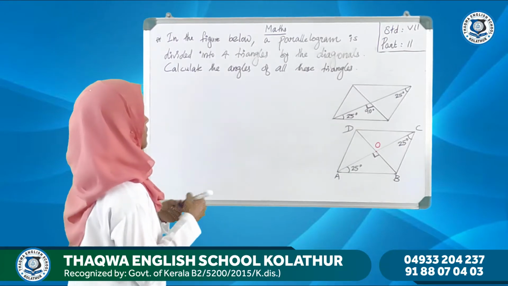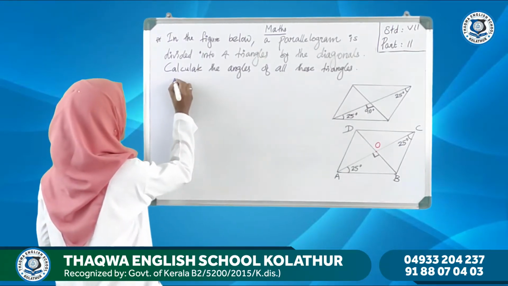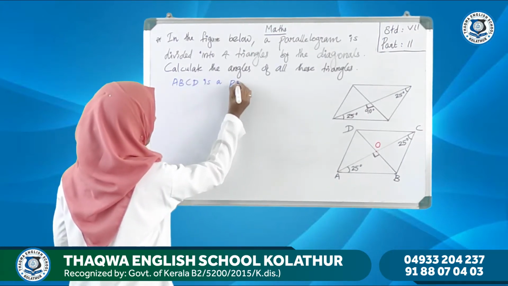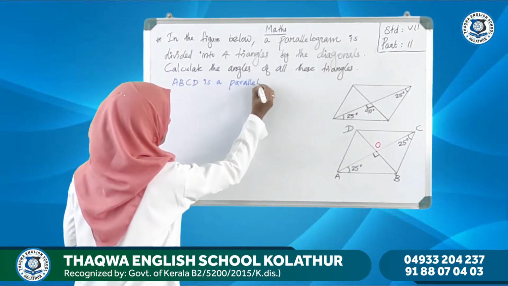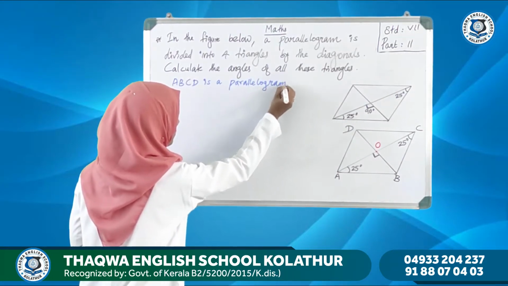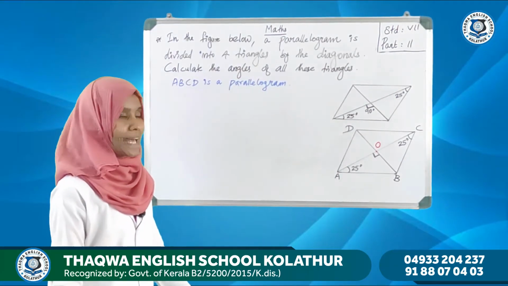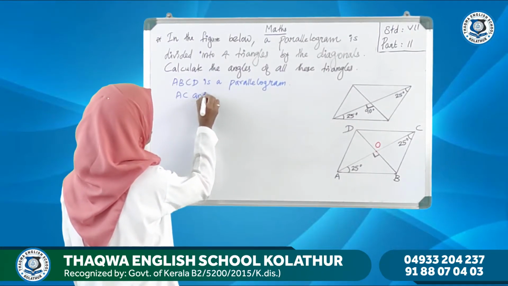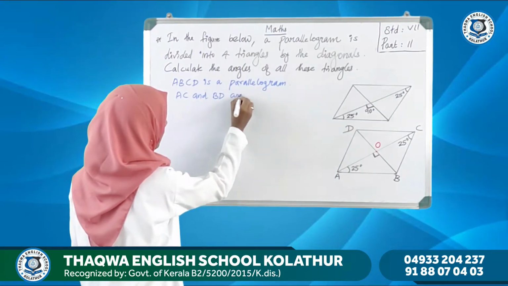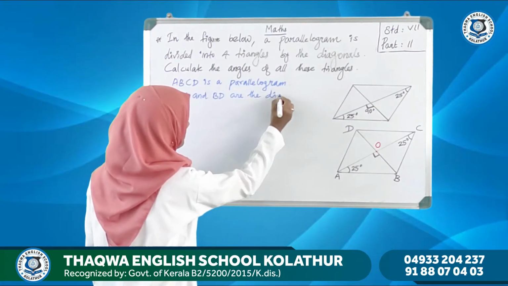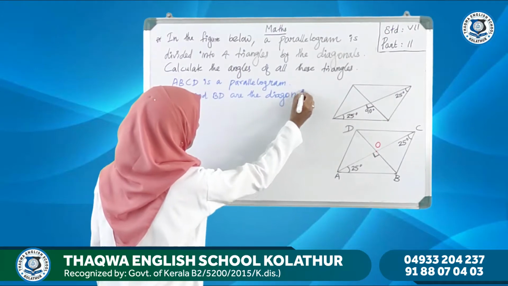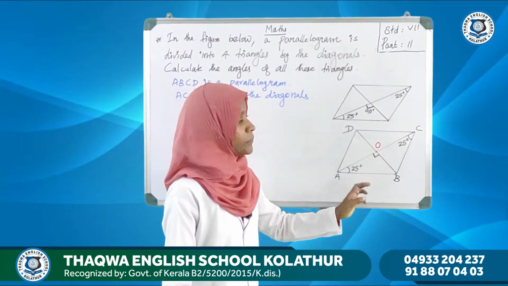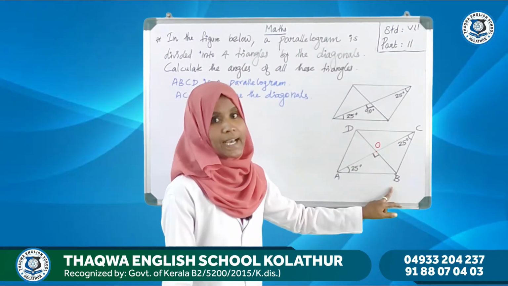So we can write, ABCD is a parallelogram, and AC and BD are the diagonals.